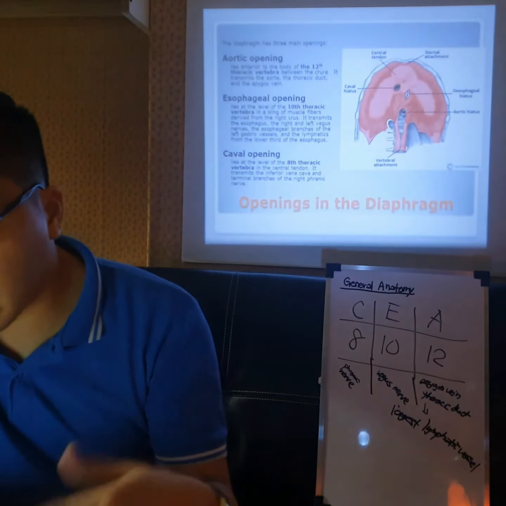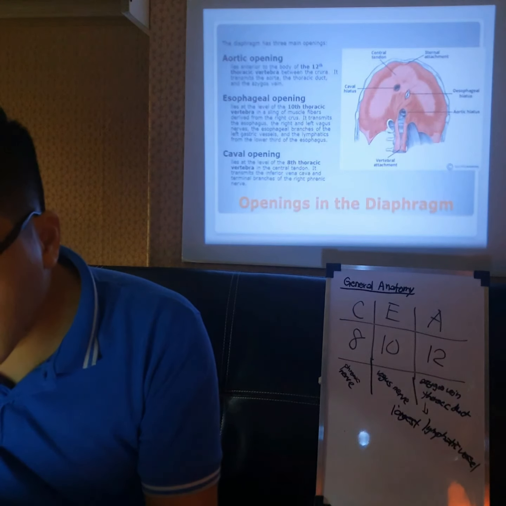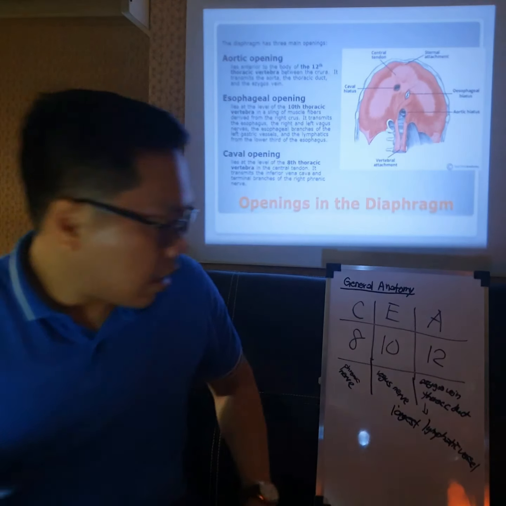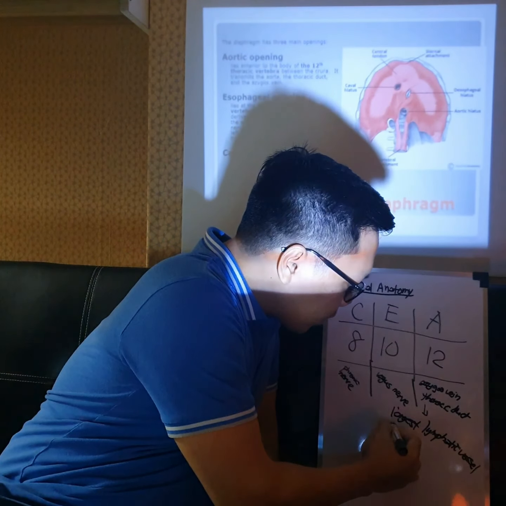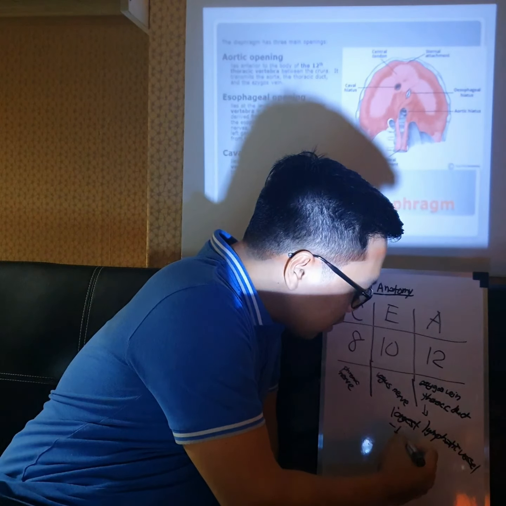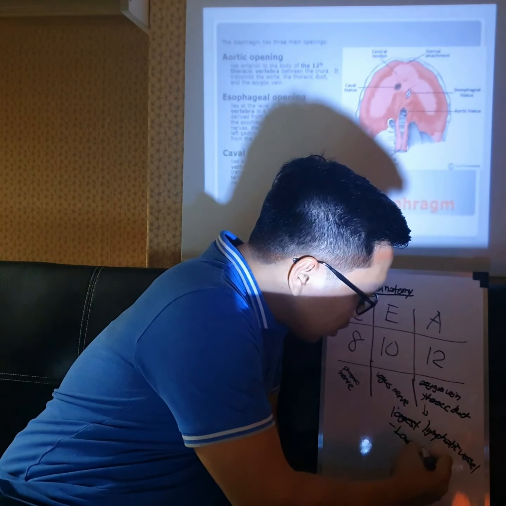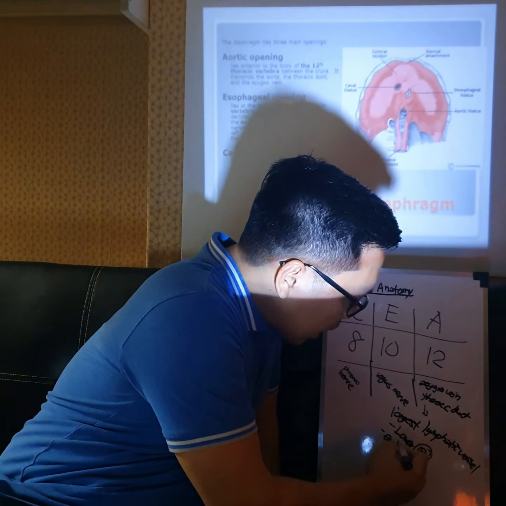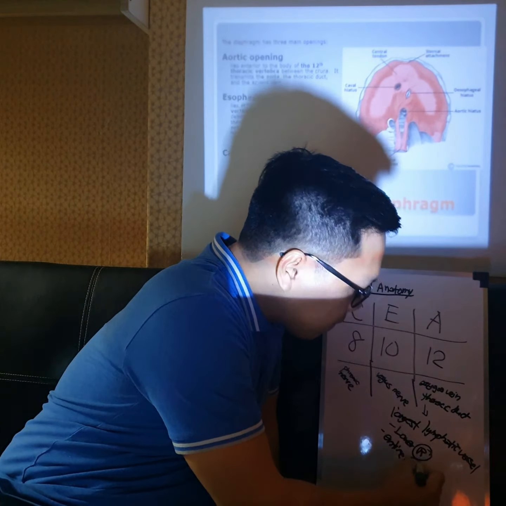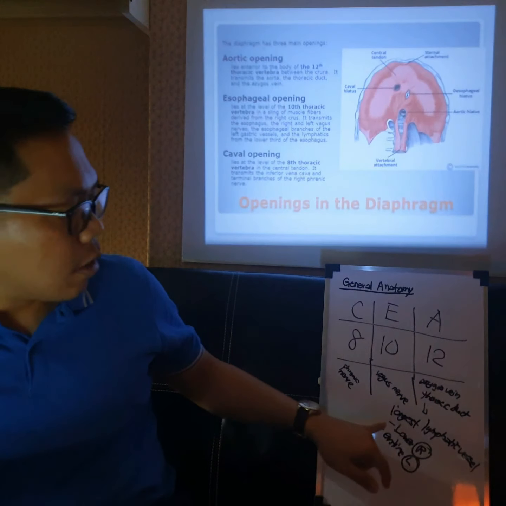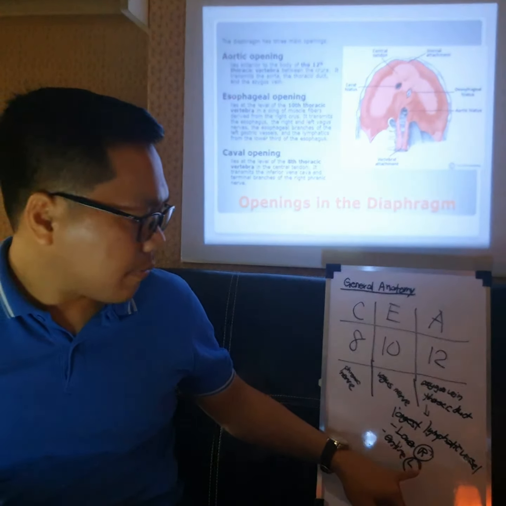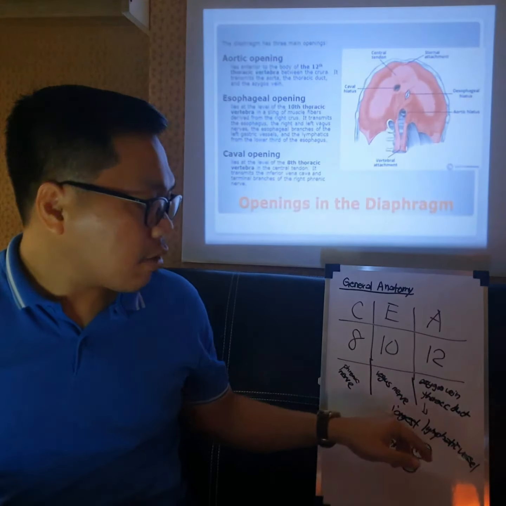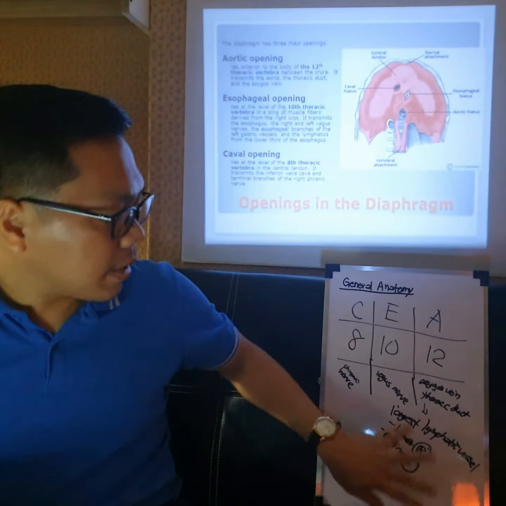Well, the thoracic duct actually drains the lower right region, and also the entire left side of the body. Again, lower right region of the body and the entire left side of the body. Kaya siya yung largest lymphatic vessel. Kasi tingnan mo, sobrang dami niyang dine-drain.